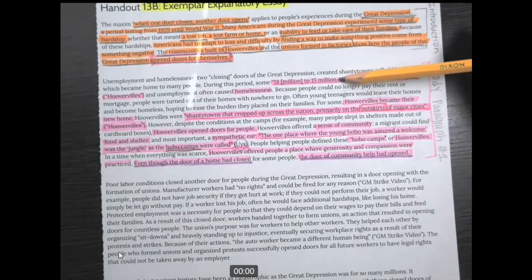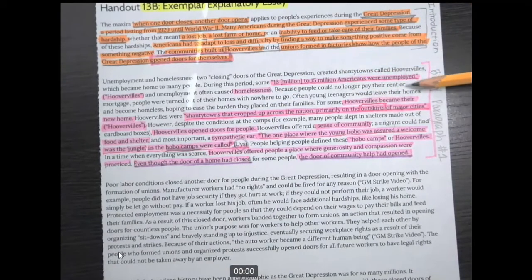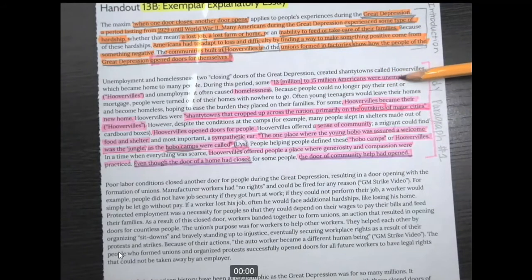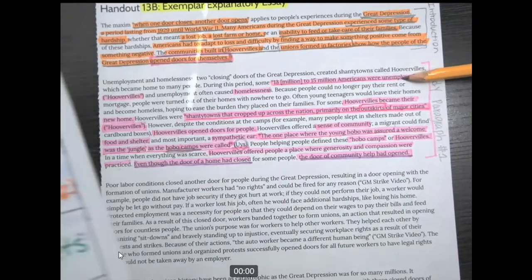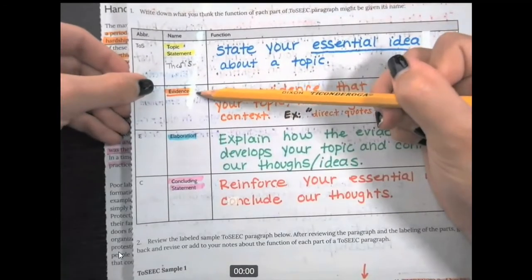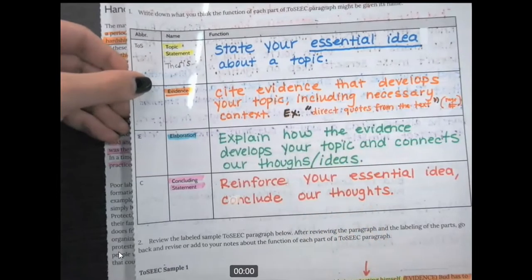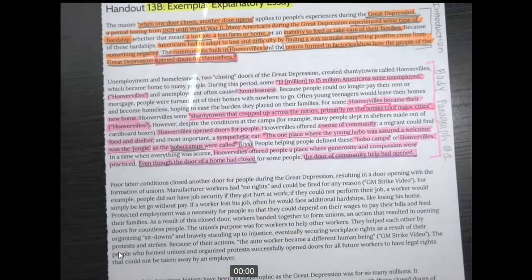And after the evidence, boys and girls, we always see that we have some type of explanation in our own words. So right after our evidence, as you can see in the 2-seek, we always have to elaborate, where we explain how the evidence develops our topic or connects with our ideas.